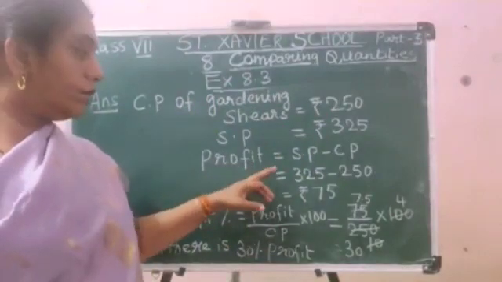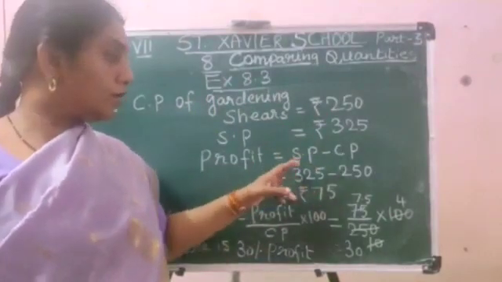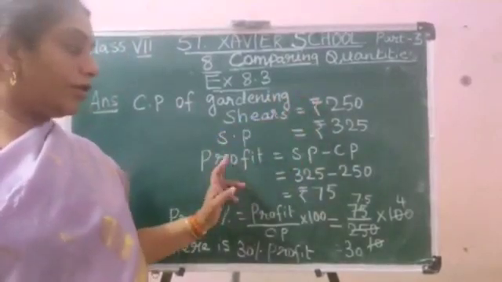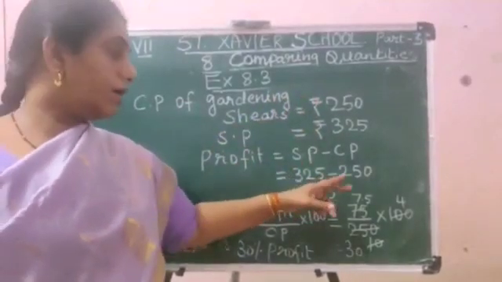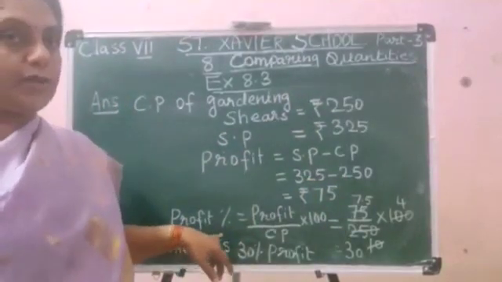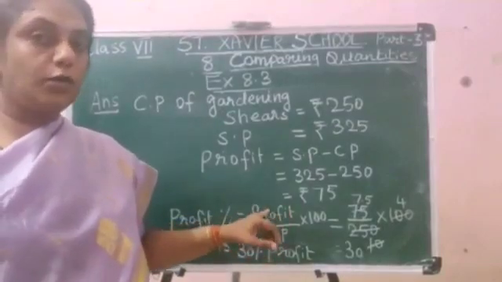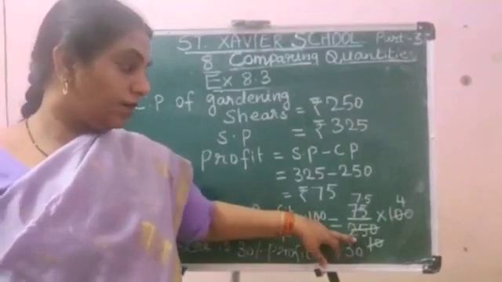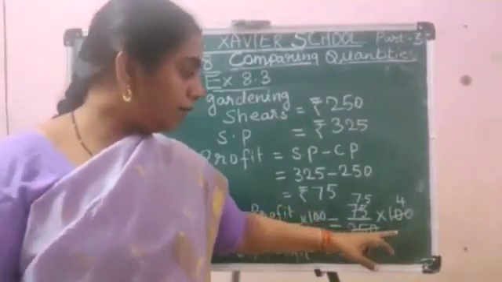Profit equals selling price minus cost price, because selling price is more than the cost price. Therefore profit will come. So 325 minus 250, we get rupees 75. We are supposed to find the profit percentage. Profit percentage equals profit divided by CP into 100. So 75 divided by 250 into 100.